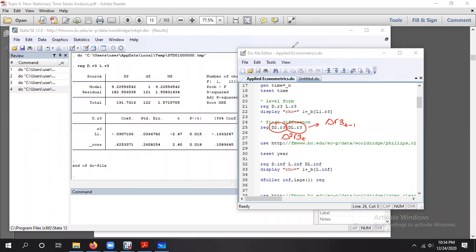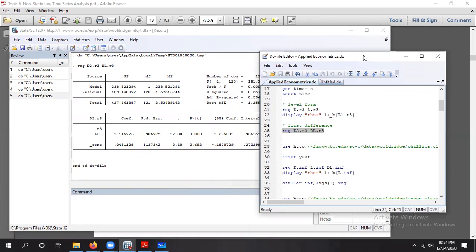Now we regress the data in the first difference, and we can see that the tau statistic is now very significant. The value is highly negative, negative 12.30.